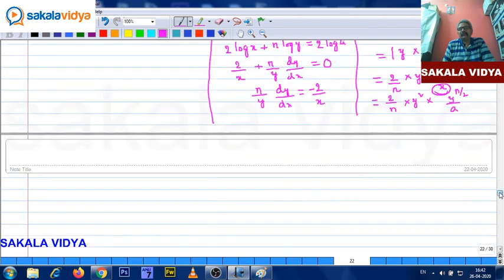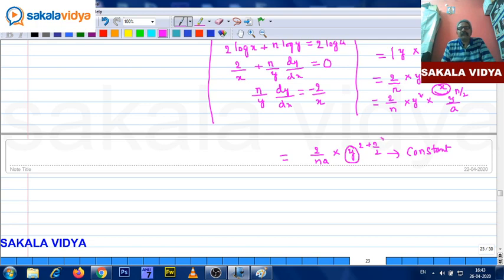So, now we can write this is equal to 2 by n a into y to the power of 2 plus n by 2. Here bases are equal, so powers are added, 2 plus n by 2, but it must be constant. It must be constant means it should be independent of y.